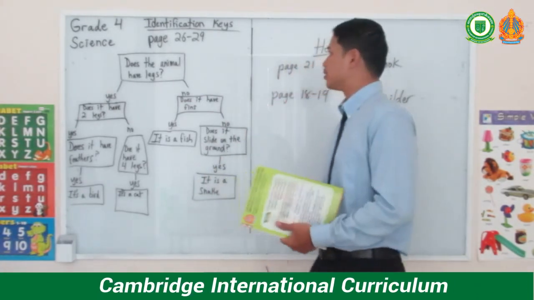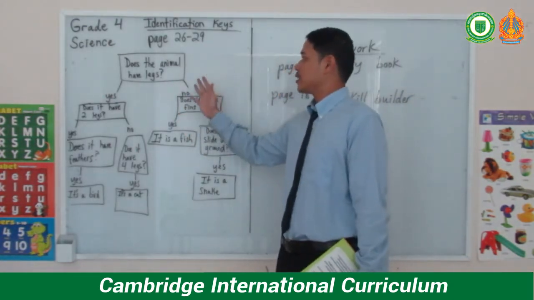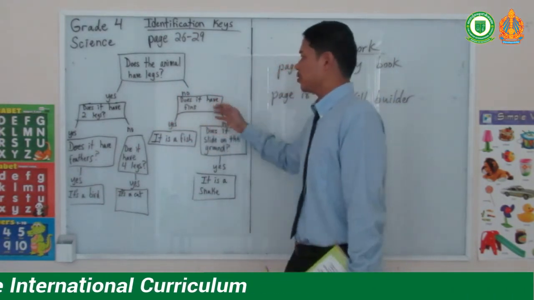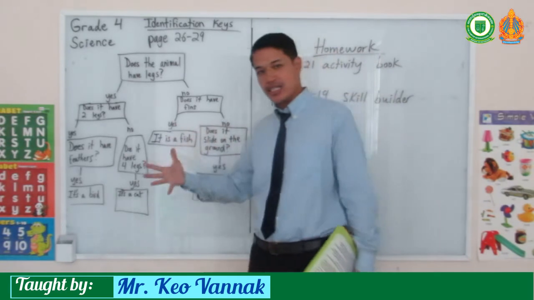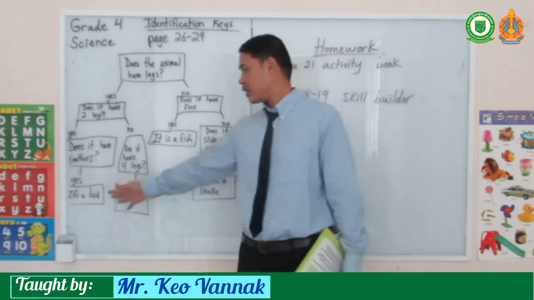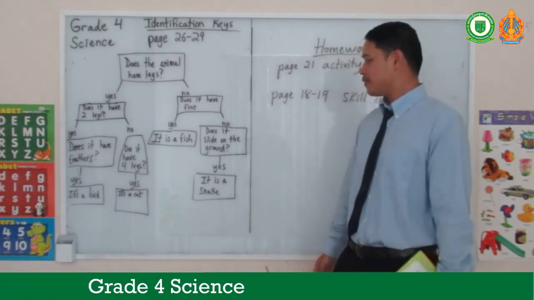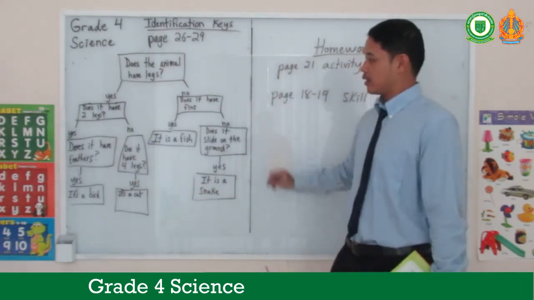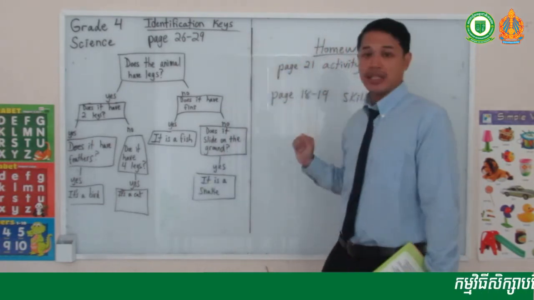Remember, it has a question and then yes or no, more questions, more yes or no, until finally you can guess what it is. In the example, it's a bird, a cat, a snake. We identified it to be a snake because we used an identification key. Last time we identified it to be a cat.